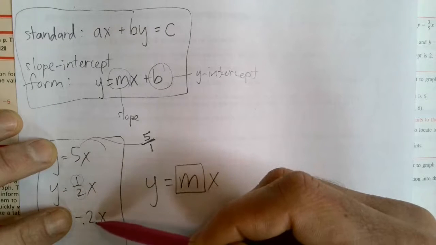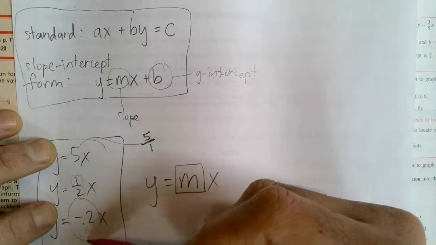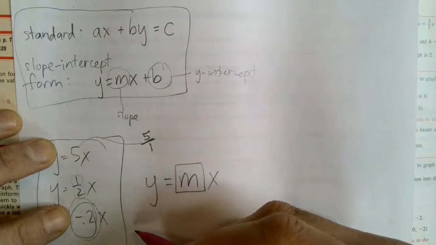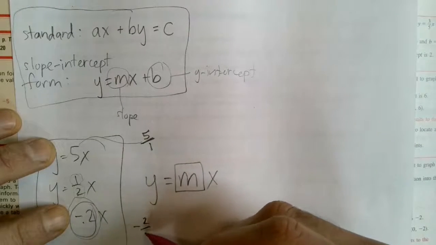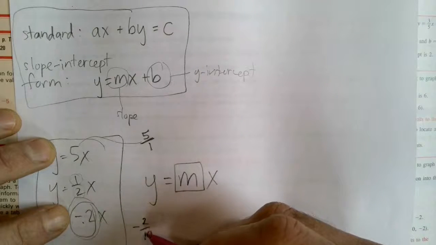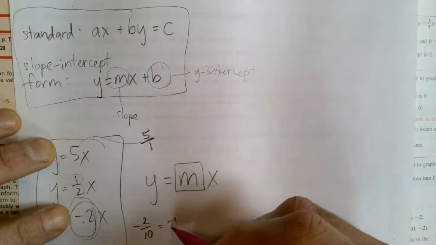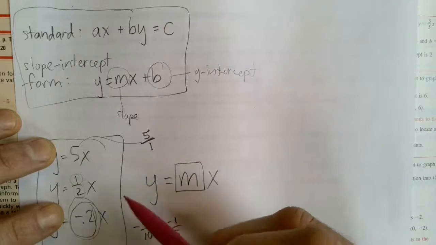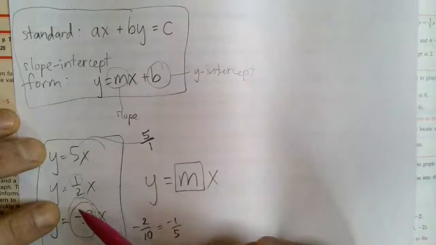Now, whoa. This is still a slope. We would have to change it to a fraction to make some sense of it for a rise over run: -2/10, or simplify it, -1/5. Okay, does that make sense? These are all lines, and this is the slope.